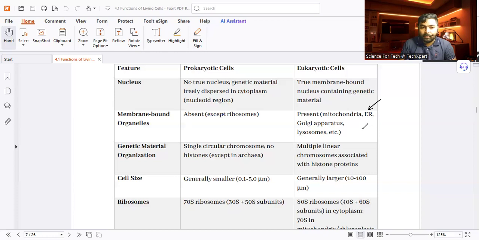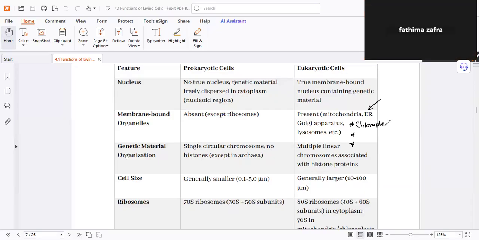But last week, I told you there are some organelles which have dual membrane. That means a two membrane organelle, double membrane organelle. Can you remember what those are? I told you there are three organelles which have dual membrane. Yes, chloroplast. What else? Nucleus.